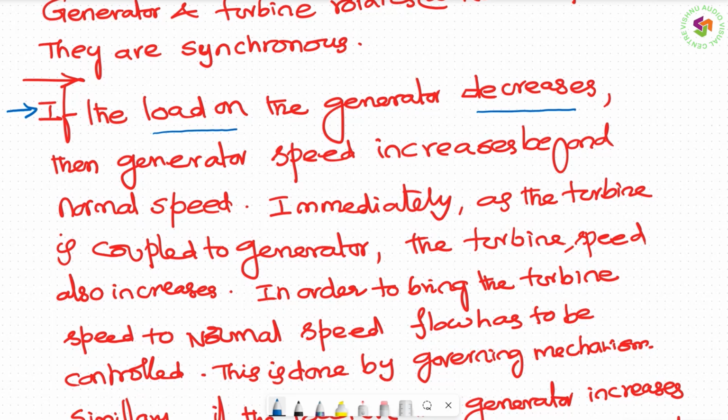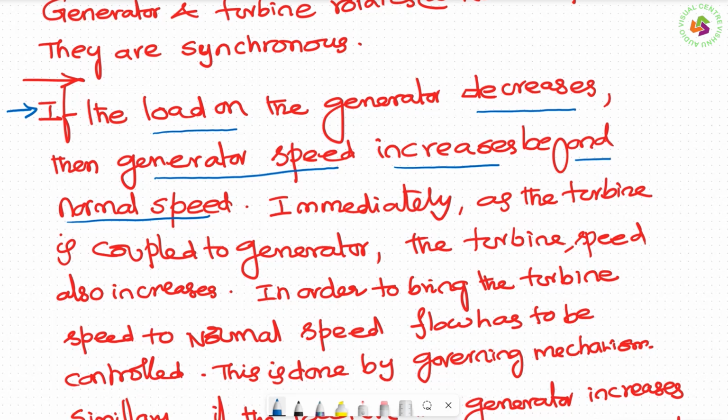When the load on the generator decreases, the generator speed increases beyond normal speed. The generator rotates at some constant speed, which we call normal speed. The generator is coupled to the turbine, so the turbine is also rotating at normal speed.